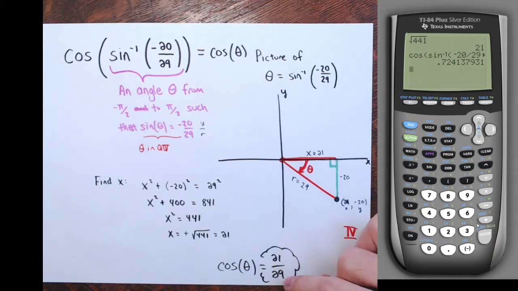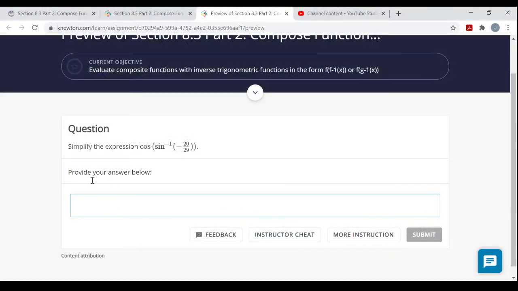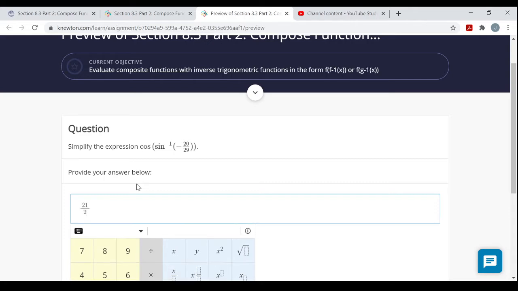Let's see if that's equivalent to 21/29ths, what I said the answer would be. And look, it is. So I've checked my work. It works out wonderfully. Now back on the website, you're asked to provide your answer. Notice it doesn't say round anything, so you're not writing decimals, just the fraction I ended up with, 21/29ths.